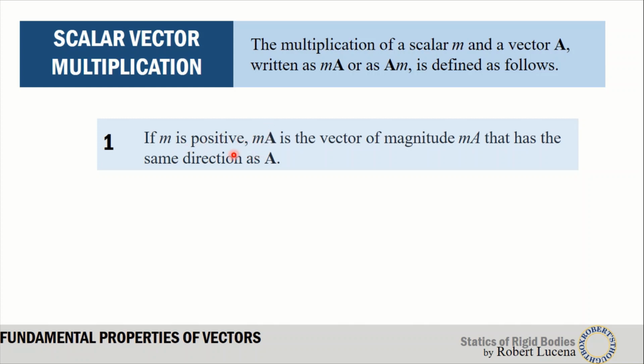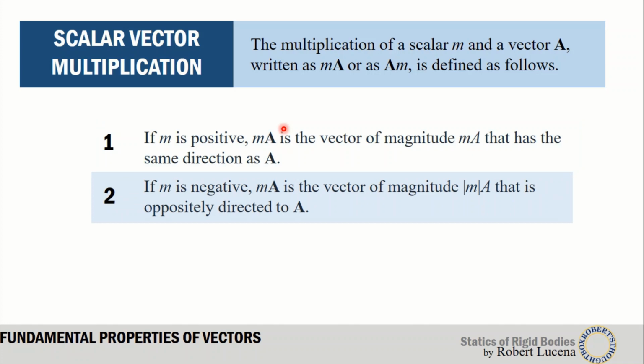If it is positive, this would not really affect the direction of A, because any number you multiply with a positive value would have the same sign after it is multiplied.